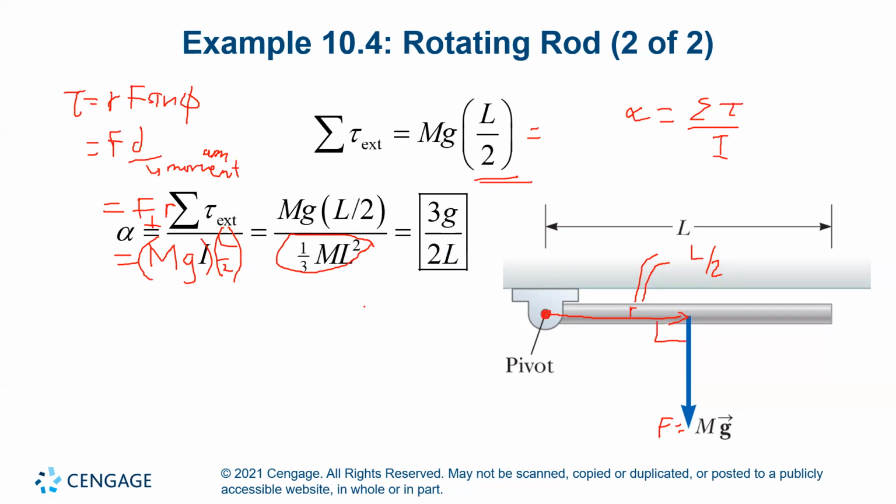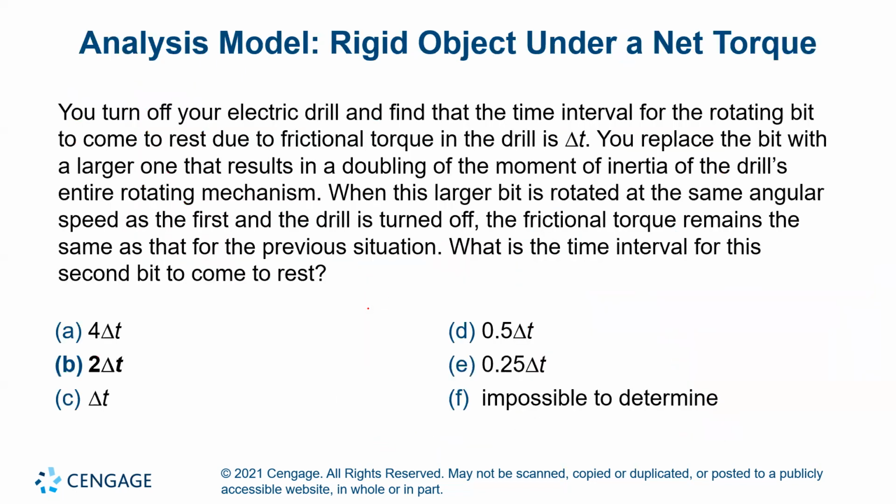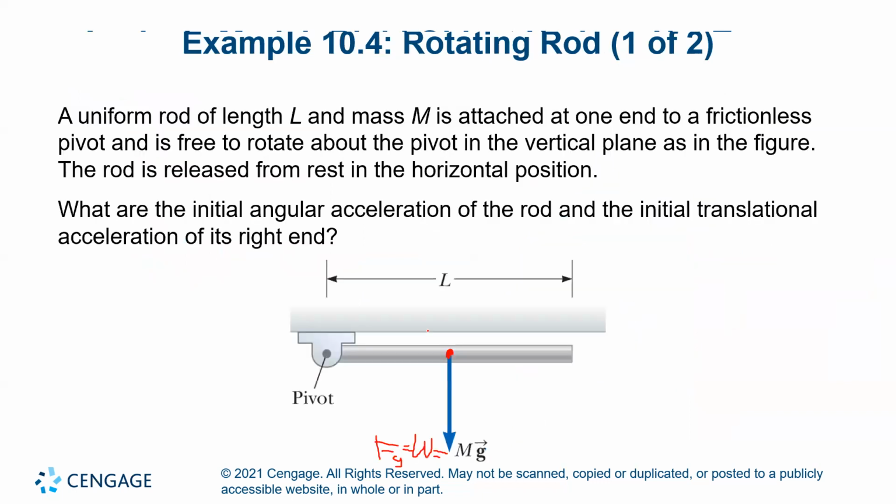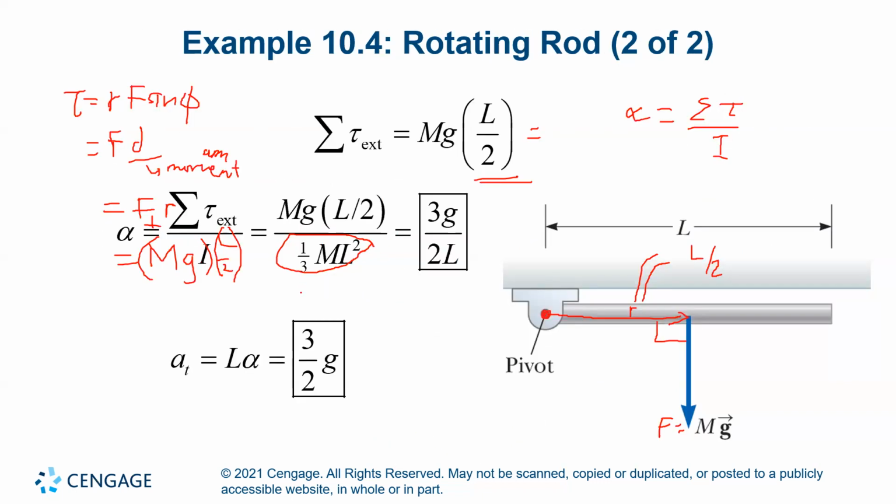You have to refer to this slide. Here it is: long thin rod with rotation axis through one end. This is exactly what our problem is, and this is where the formula for I comes from, 1/3 ml squared. That's what they substituted here. Simplification will give us 3g over 2L for the angular acceleration of this rod.